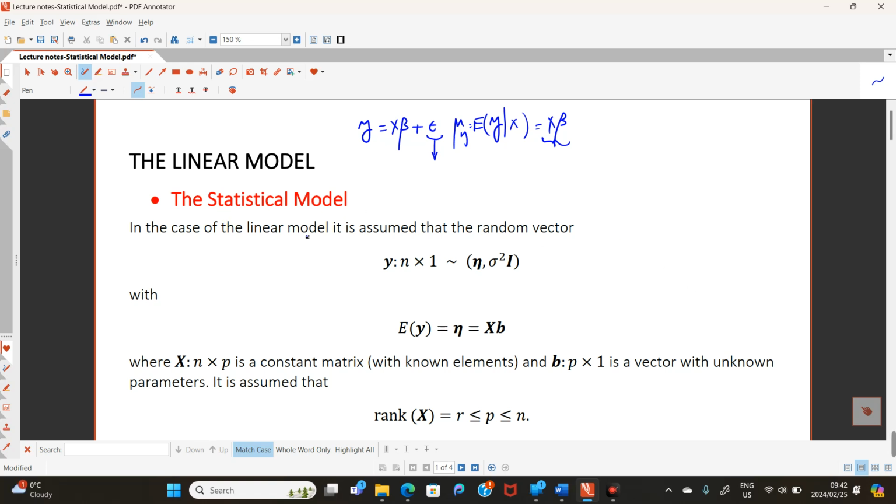Okay, in this component, we are provided with the response, which is of dimension n by 1, and the expected value of y is equal to the vector eta, and the variance covariance matrix of y is given by sigma square identity matrix. Once again, in usual linear modeling, you assume the error component has zero mean and variance covariance sigma square identity matrix.